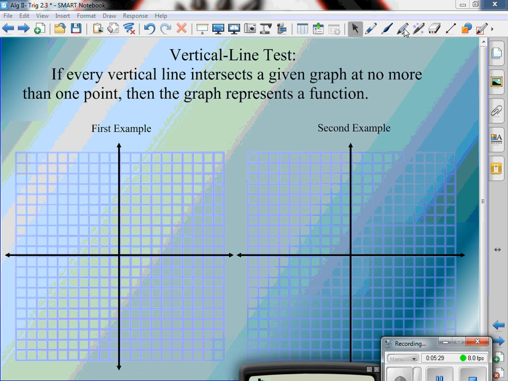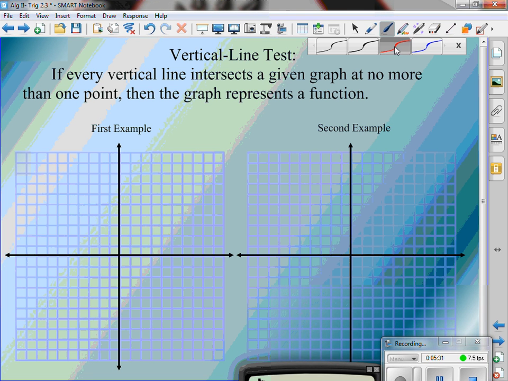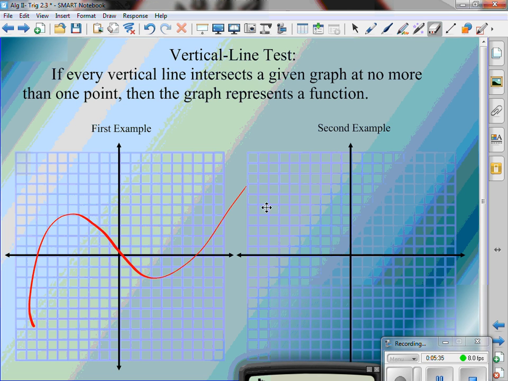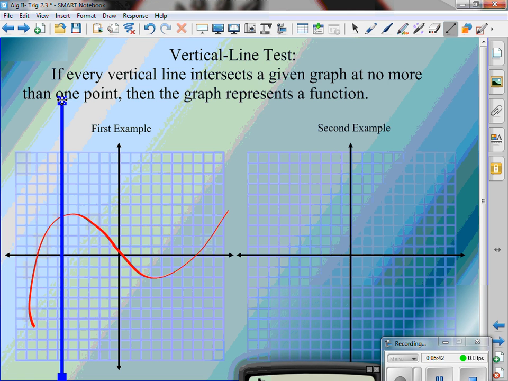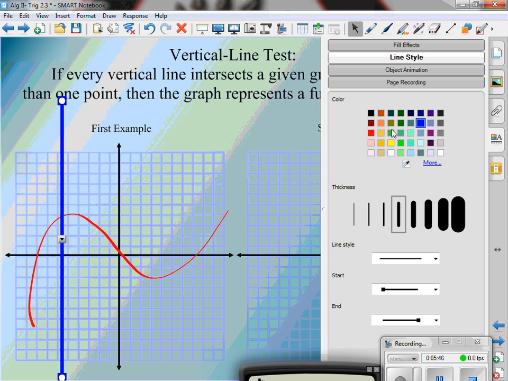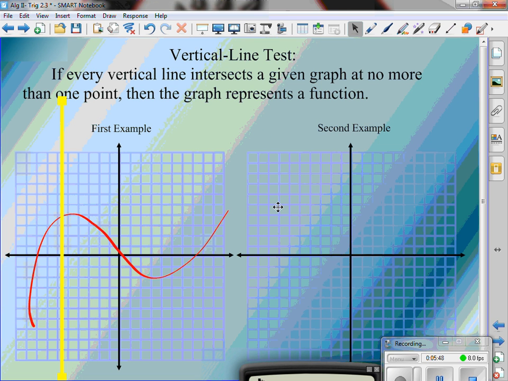Let me just draw a graph. There's a graph. I'm going to take a vertical line. Now, the best thing I have for a vertical line is my pencil. So make this yellow. There's my pencil. You take your pencil on the paper, on the calculator, and that's my vertical line.